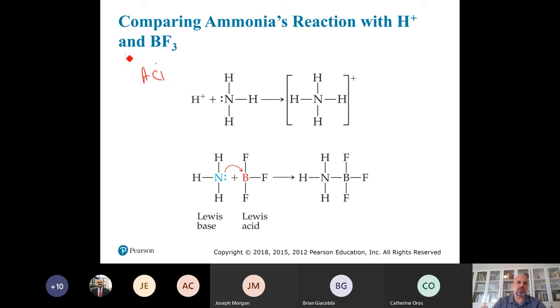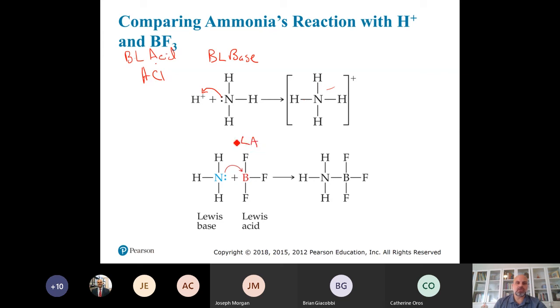So this would be our Bronsted-Lowry acid. Ammonia here is going to be our Bronsted-Lowry base. And when the reaction occurs, the electrons react, and we form this new nitrogen-hydrogen bond with a positive charge. And the difference is when we talk about the Lewis acid and the Lewis base.